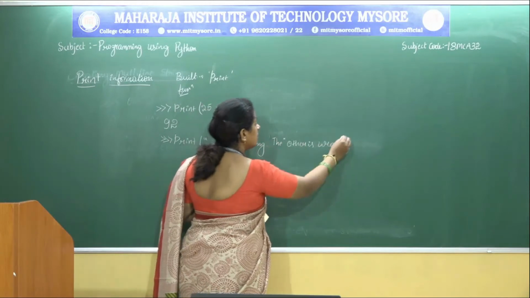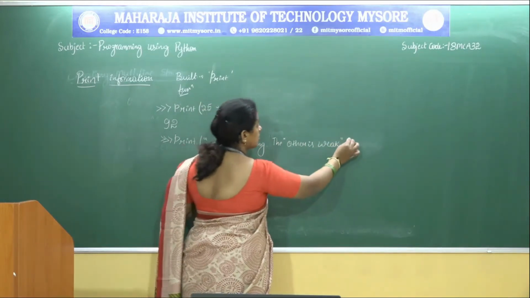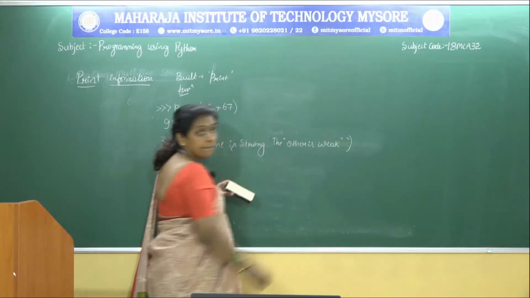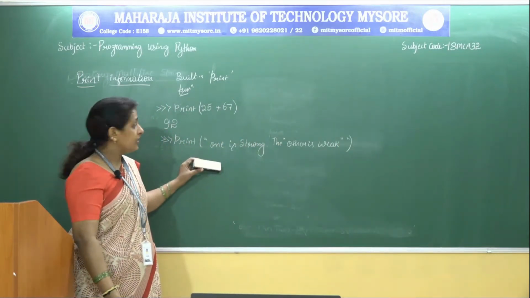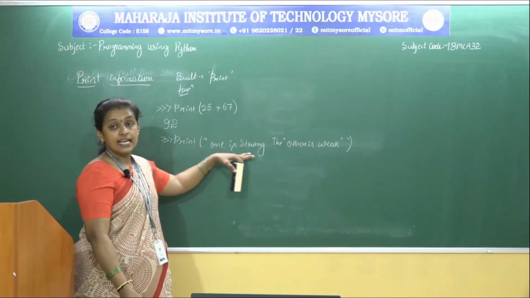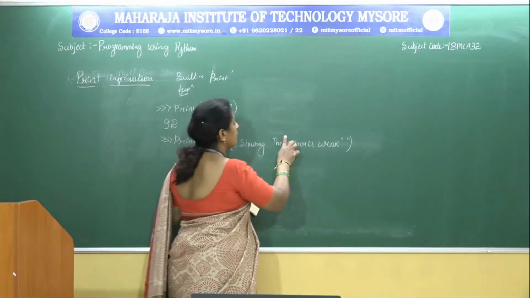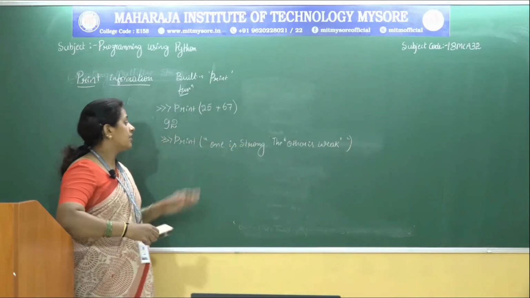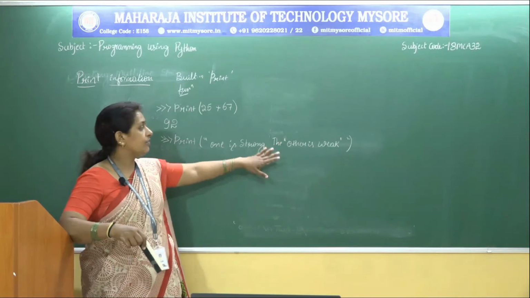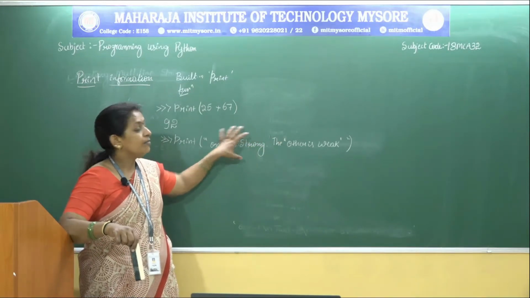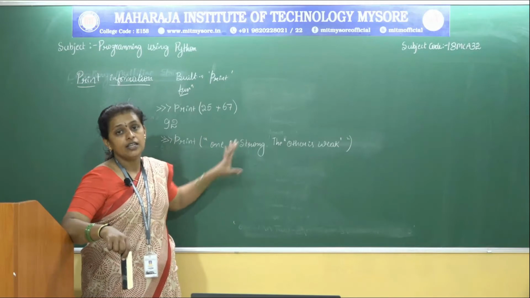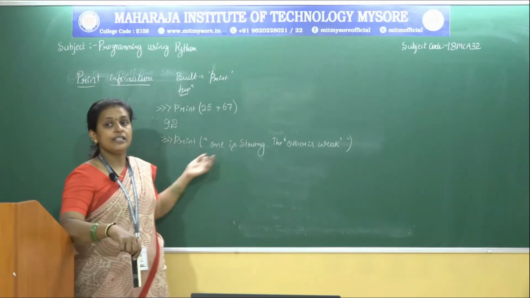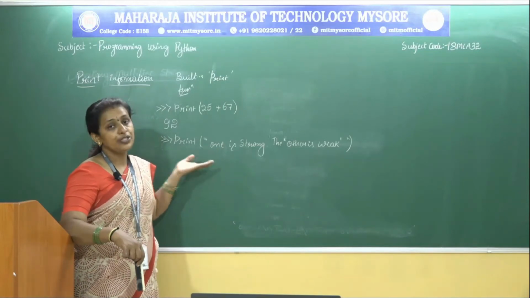So here I am using two double quotes. Assume that, see, one is strong and the other is weak. So this is the string, and whatever values are in there will be displayed, because nothing is to be executed or evaluated. It is just a string. So it will be displayed on your output screen.